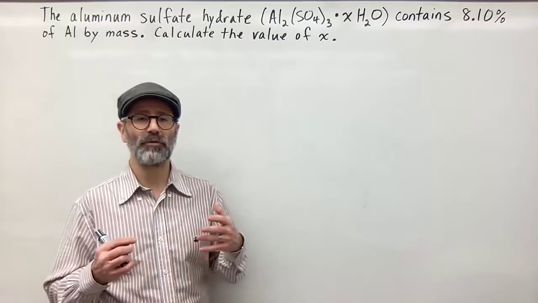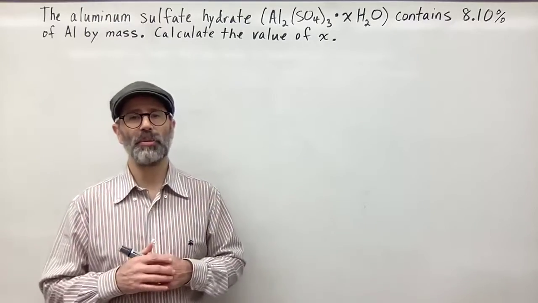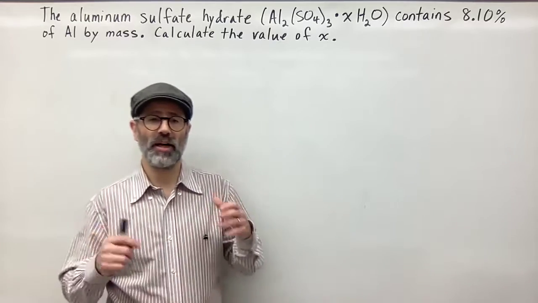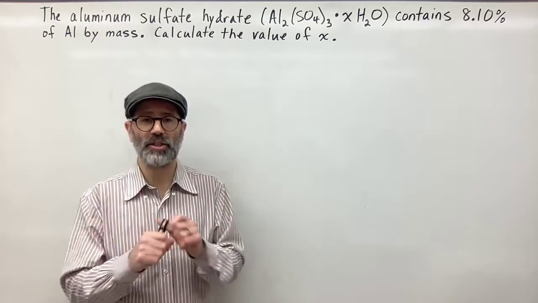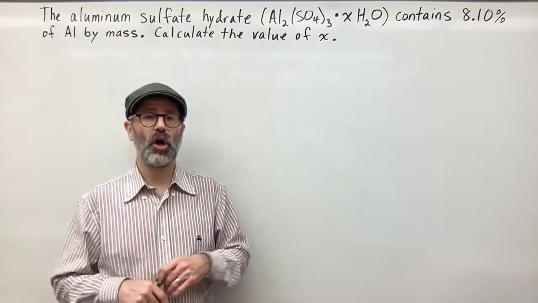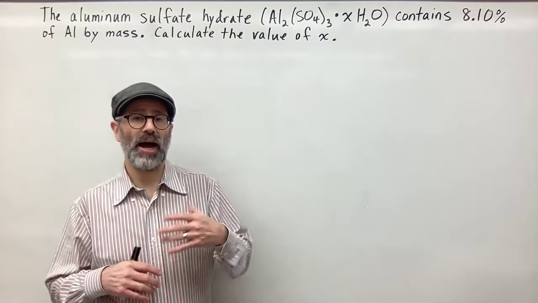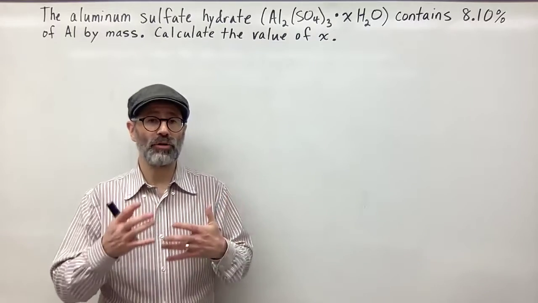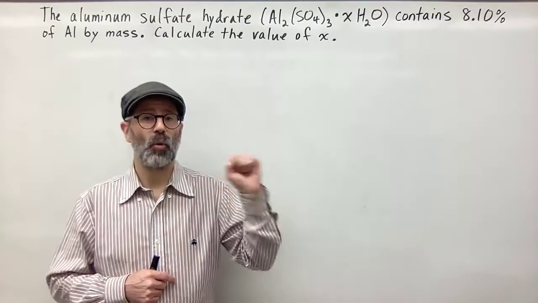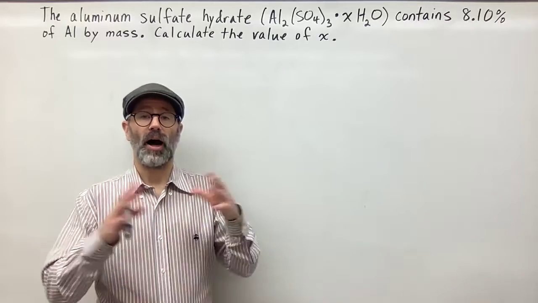That looks kind of almost impossible to do, but let's focus in on the percentage and understand what the percentage means. The thing that you have to keep in mind about percentages is that a percent means out of 100. So if you have a percent by mass, that means that you have a certain amount of, say, certain grams of one element or some substance in the whole, right?